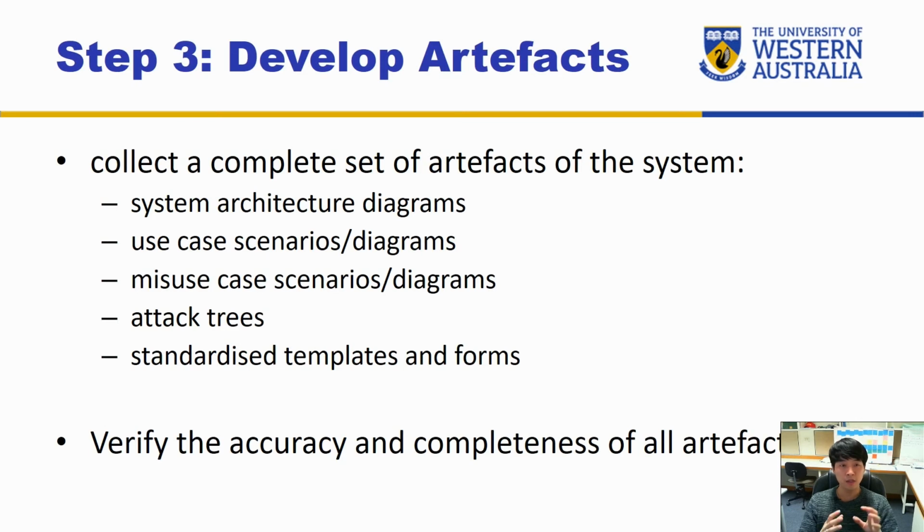Some may or may not be more suitable than others depending on what kind of system we are designing. For instance, if the system has a lot of functionalities, then we might be better using the use case scenarios to investigate how it may function, and misuse cases to see how it can be violated. Whereas for a smaller system, we can probably utilize attack trees to fully assess different metrics, etc.